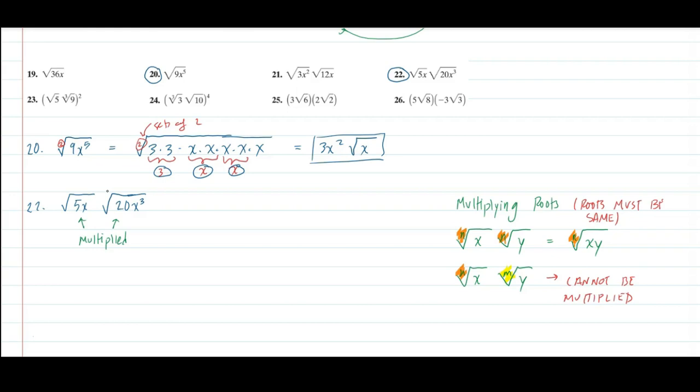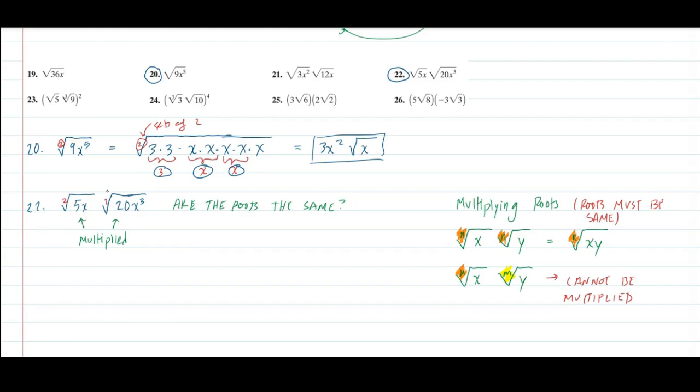Having said that, you ask yourself, are the roots the same? Very quickly you realize, yes, because the first one has a second root and the second one has a second root. So you can go ahead and by all means multiply them.